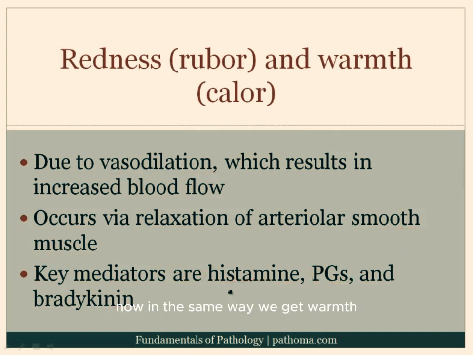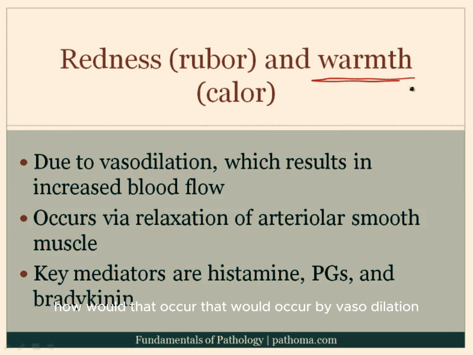Now, in the same way, we get warmth. It's the exact same mechanism. Because what is warmth? Warmth is basically an increased amount of warm blood within that particular area of tissue. That's what makes it warm. There's an increased amount of blood, and the blood is actually warm. So how would that occur?